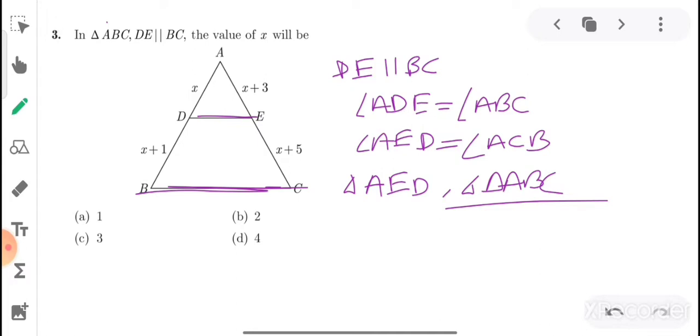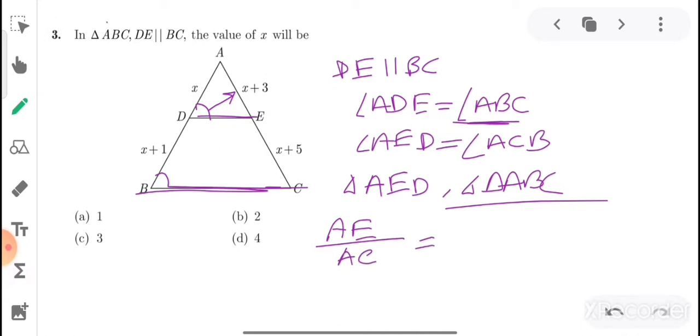These triangles are similar triangles, so we can write the ratio of their corresponding sides will be equal. Corresponding side means for ADE, its corresponding side will be AE, its just opposite side, and angle ABC's corresponding side will be AC.